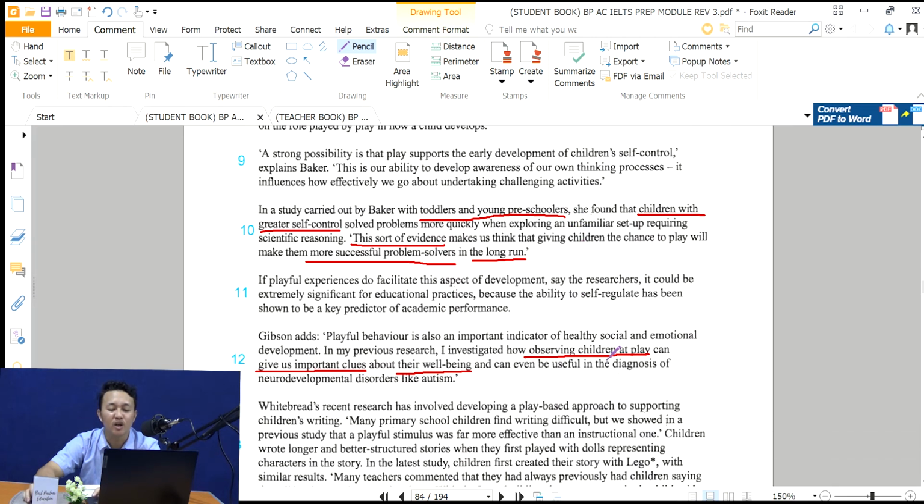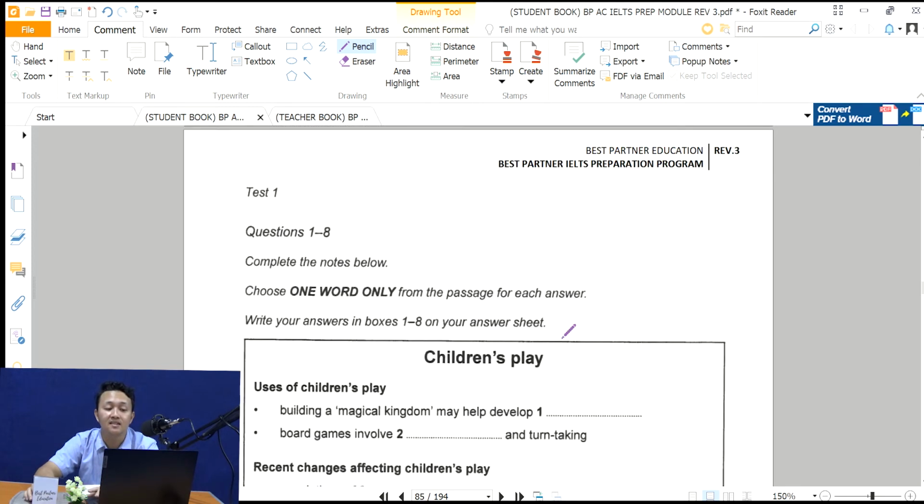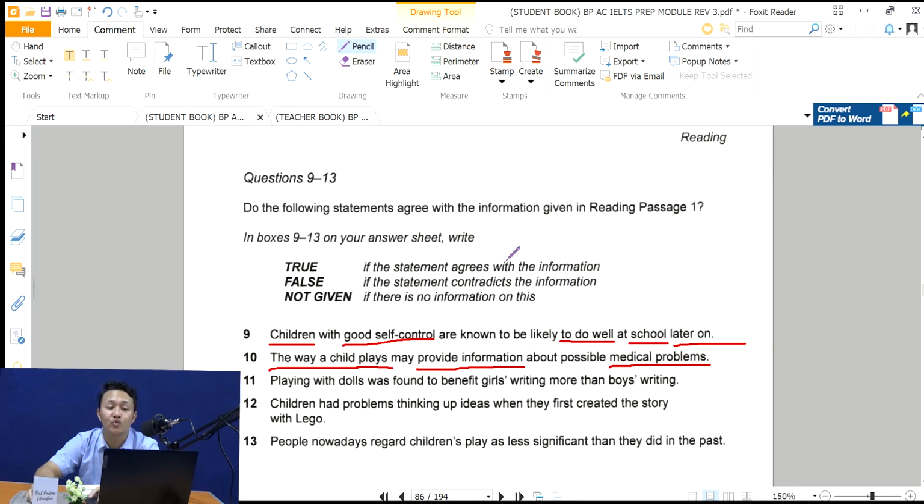Let's say, is it really there? I investigated how observing children at play can give us important clues about their well-being and can even be useful in diagnosis of neurodevelopmental disorder like autism. So yeah, the answer is in paragraph 12 and the answer is true.